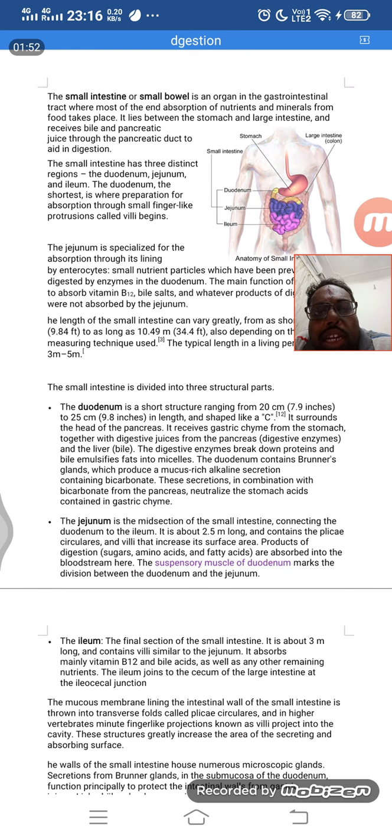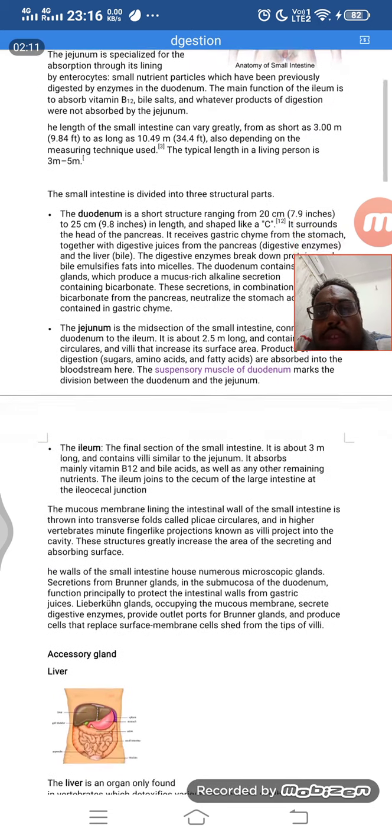This 3 meters is in living humans. When humans die, the ileum starts to elongate, that means the muscles get loosened, so the length also increases. These are the main things in the small intestine. The other things we will see along with digestion.